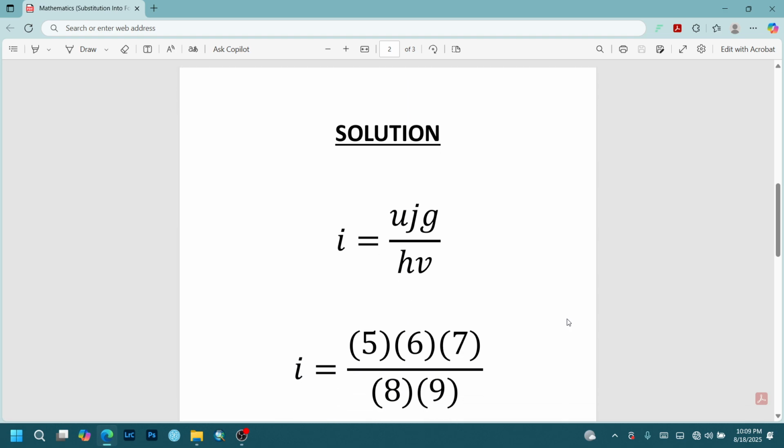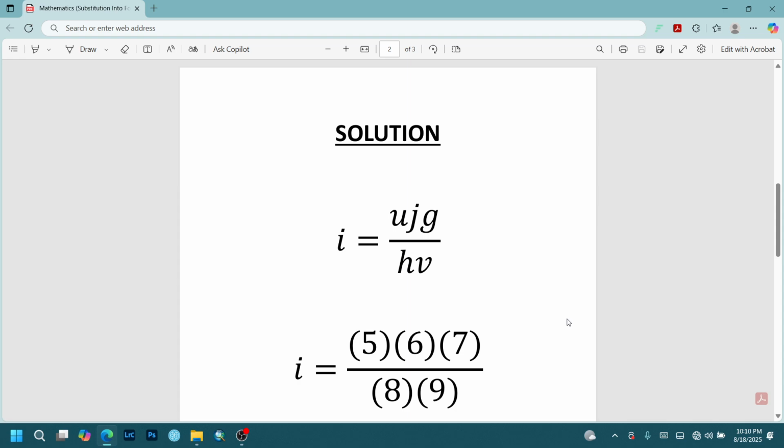So we have our equation to be I equals the fraction U multiplying J over HV, right?